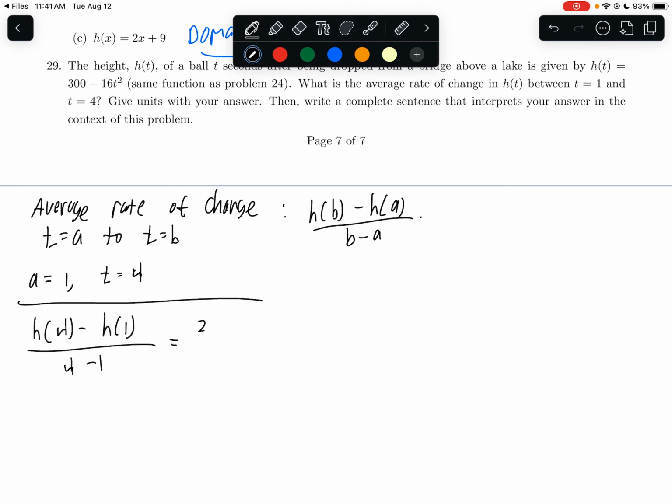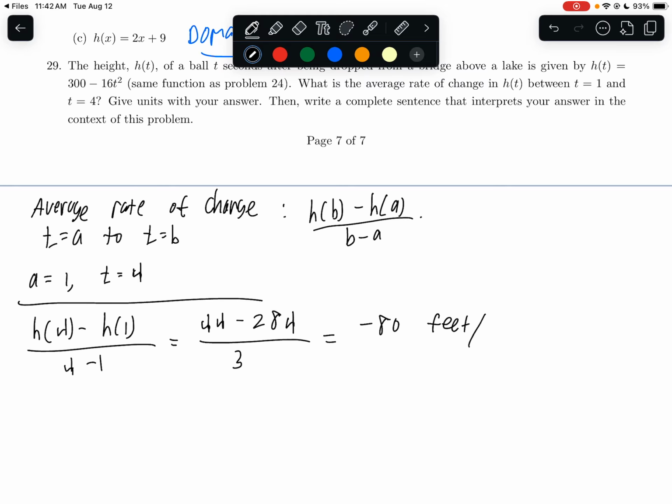You get 44. I put in 1 to the function, I get 284. And I would divide that by 3. And the number that I get back is negative 80.